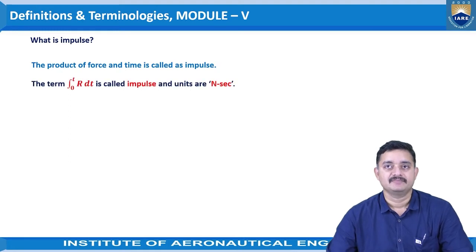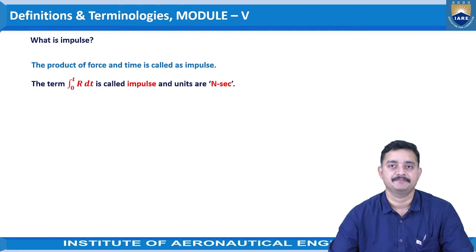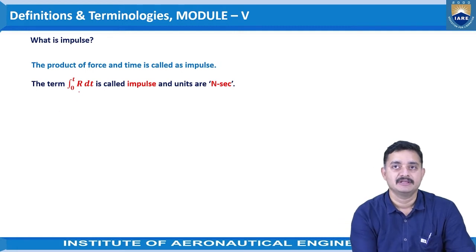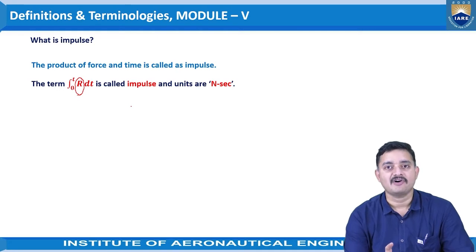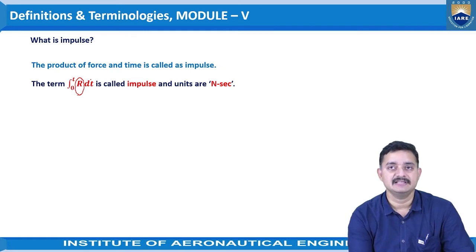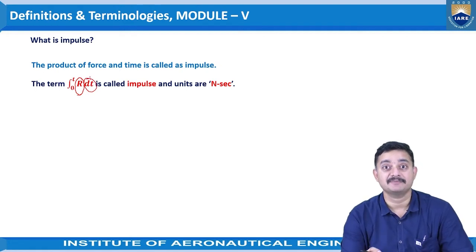So the term integral 0 to t R dt is called impulse, and the units are Newton second. Here, if you observe, R would be the resultant of all the forces acting in the system, and t is the time for which the forces are being acted.